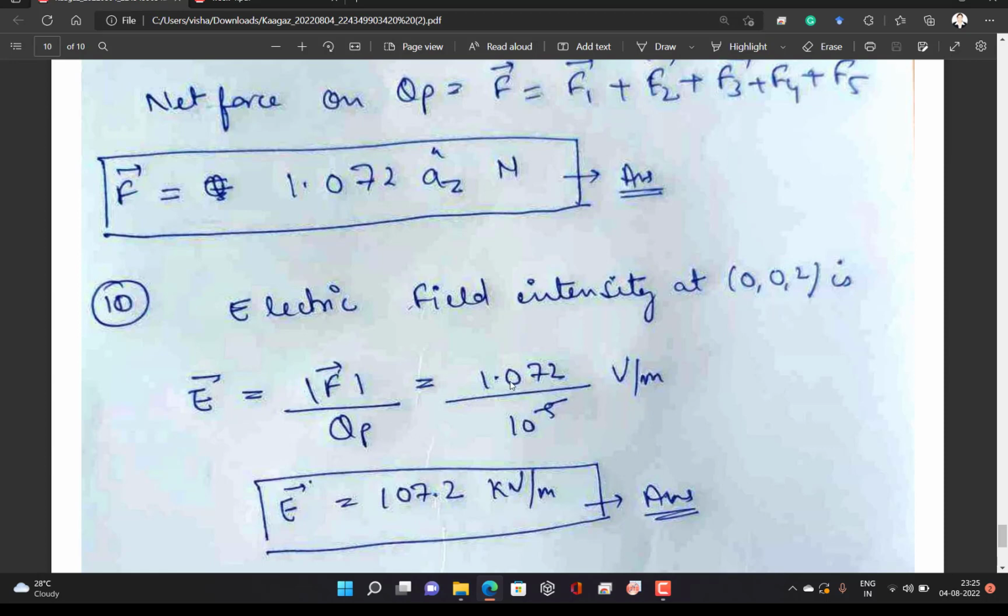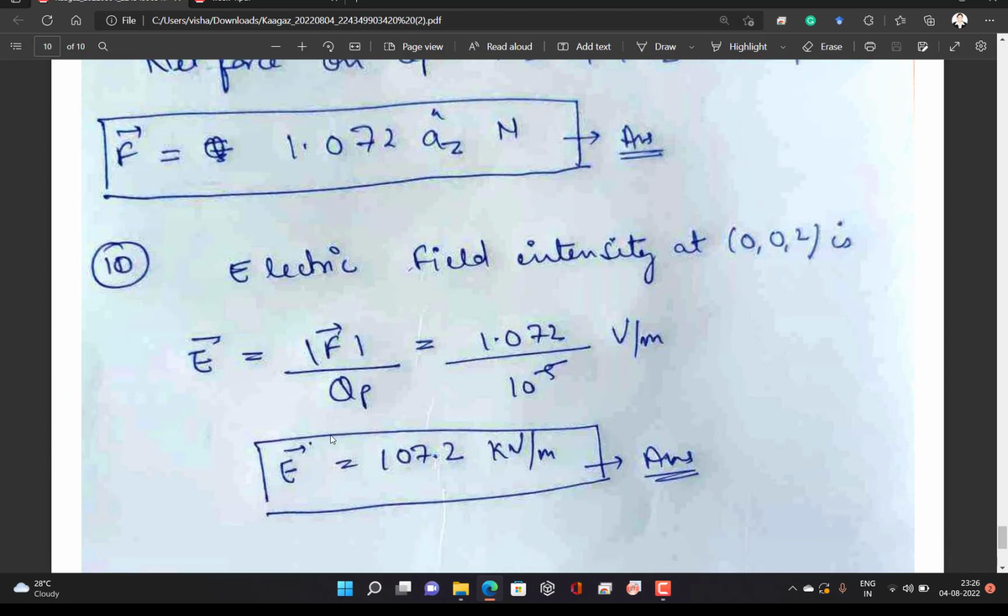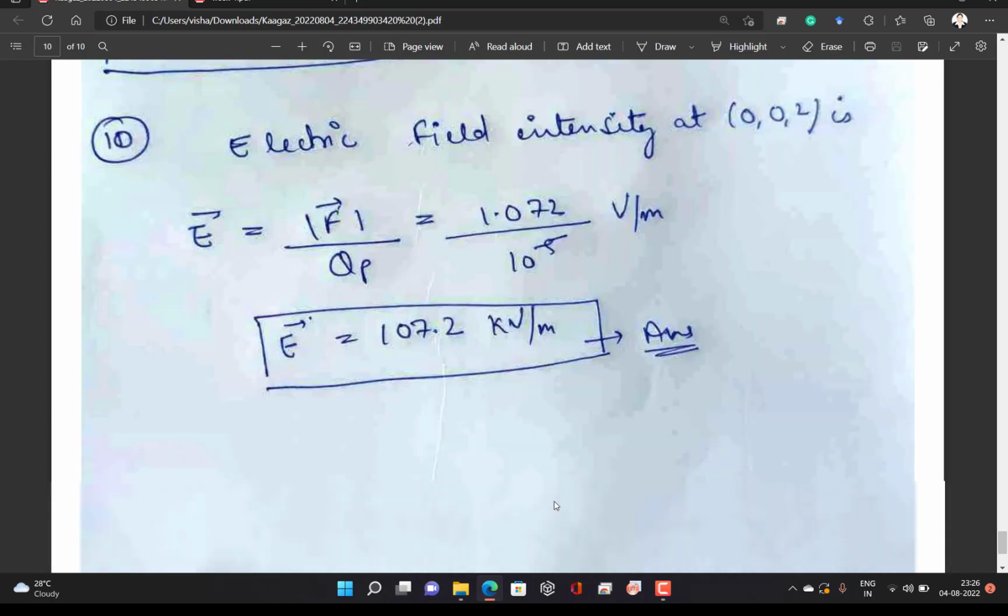So that will be 1.072 divided by 10 microcoulombs, that is 10 to the power minus 5. So the electric field intensity will be 107.2 kilovolts per meter, and this will be our answer.